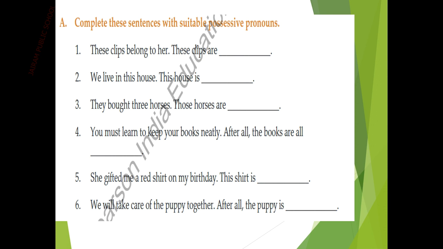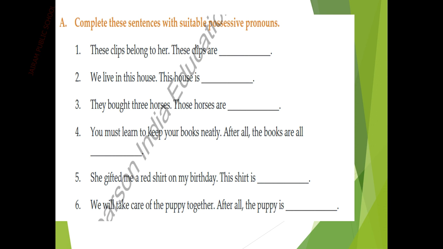Her, hers. 2. We live in this house. This house is dash. Here, this house refers to we, where we lived. We live in this house. This house is ours. We, ours.